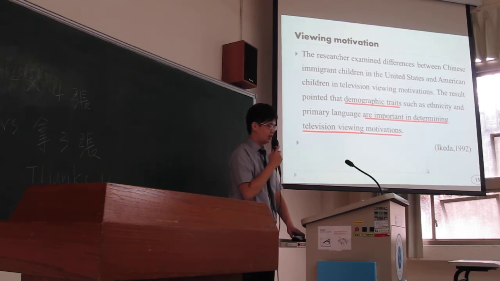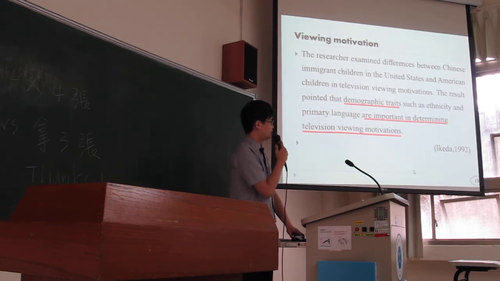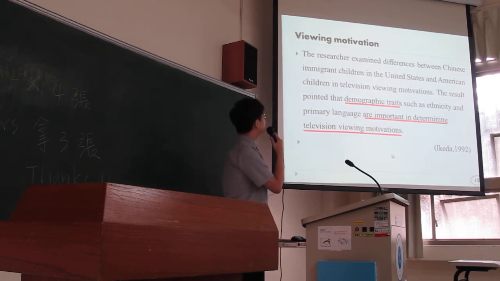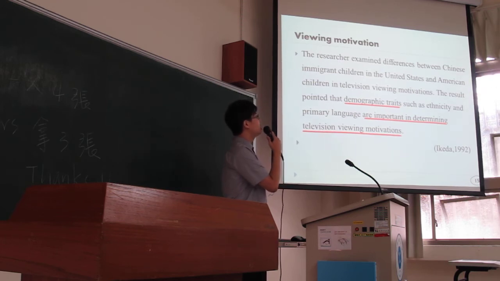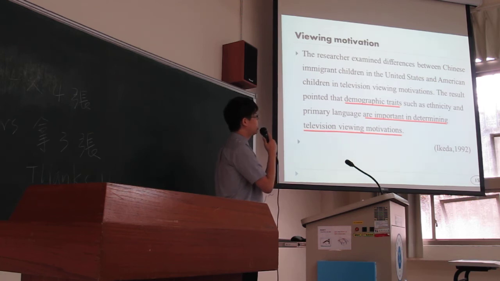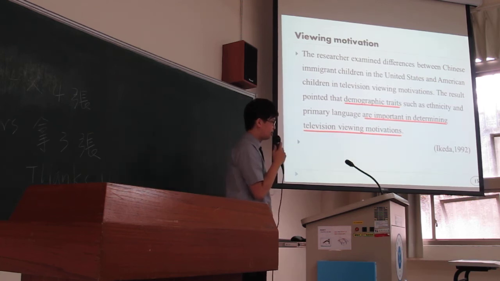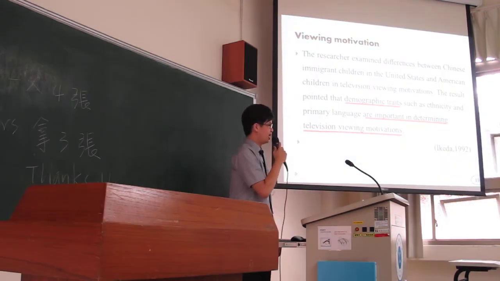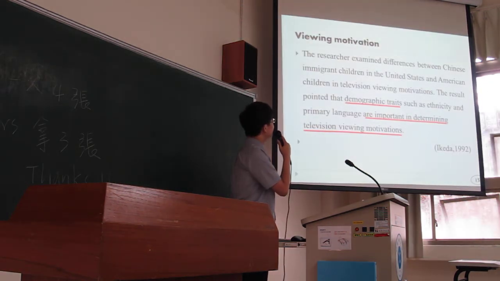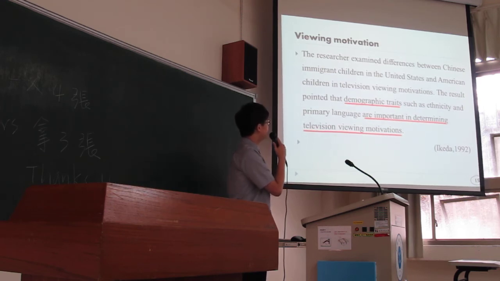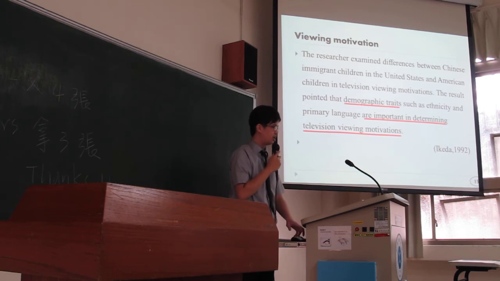Also, a researcher in 1992 pointed out, examining differences between Chinese immigrant children in the United States and American children in television viewing motivations. The results point out that demographic traits such as ethnicity and primary language are important in determining television viewing motivations.